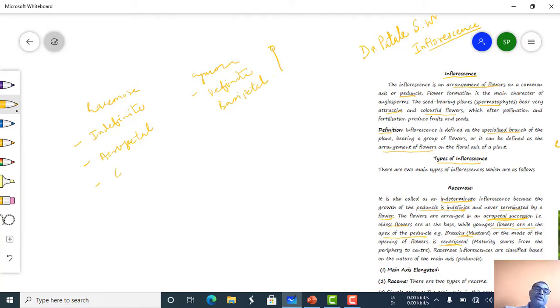Next, in racemose, centripetal succession is present, while in cymose, centrifugal succession is present. So this is the basic difference between cymose and racemose inflorescence.